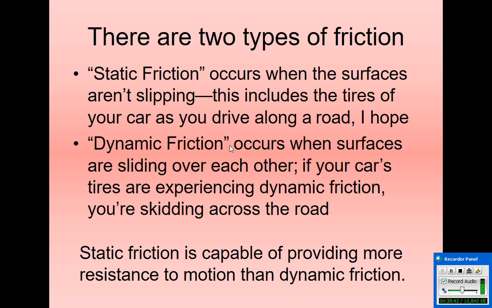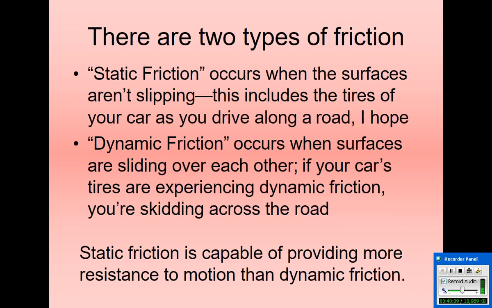Now, you might think of it as a glass sitting on a table or something that's not moving. And yes, if I tilt the table slightly, the glass doesn't move. That means that we're in the realm of static friction. But it also turns out that if your car tires are operating correctly as you move across the road, that too is also in the realm of static friction.